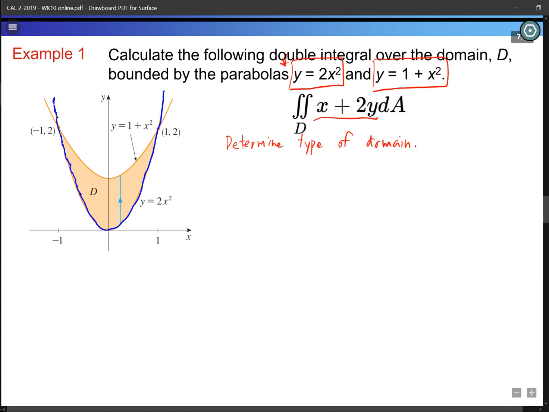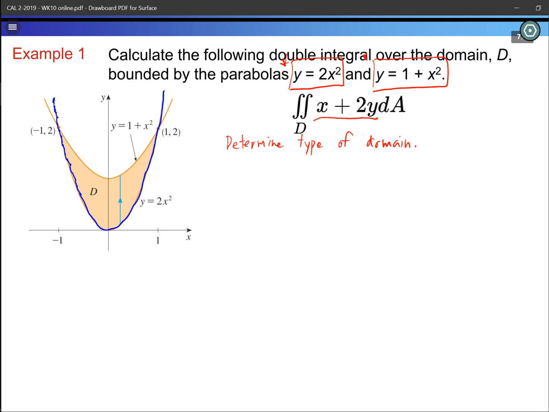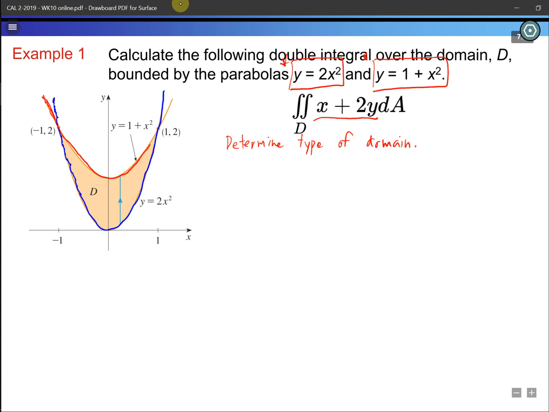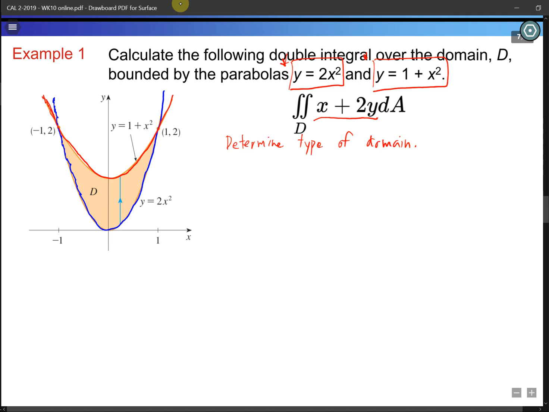And then I'm going to draw the next parabola, which is y equal to 1 plus x squared. So this is a regular parabola, but shifted up 1 unit. And it's going to be drawn by this red line. And as you know, this point of intersection happens at y equal to 1.